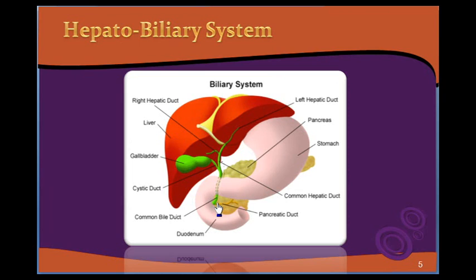So, this is the hepato-biliary excretory pathway. The first, which we have described, is the portal circulation, and the second one is the output from the liver into the GI tract.